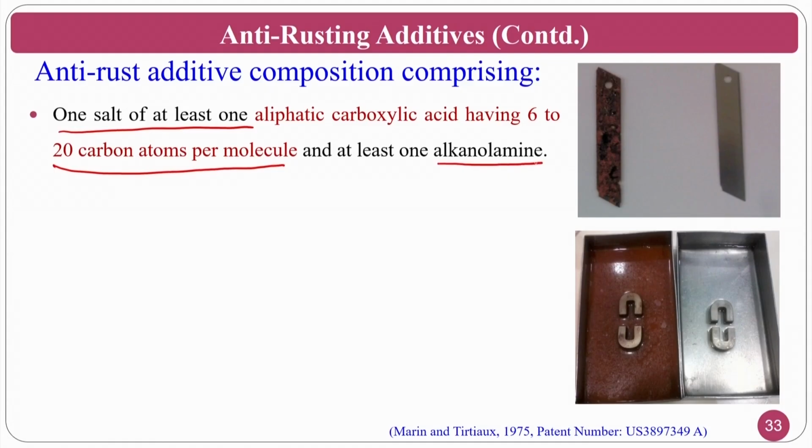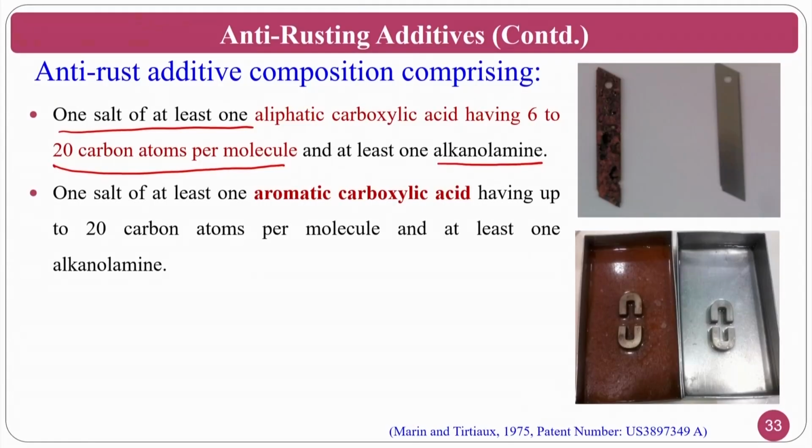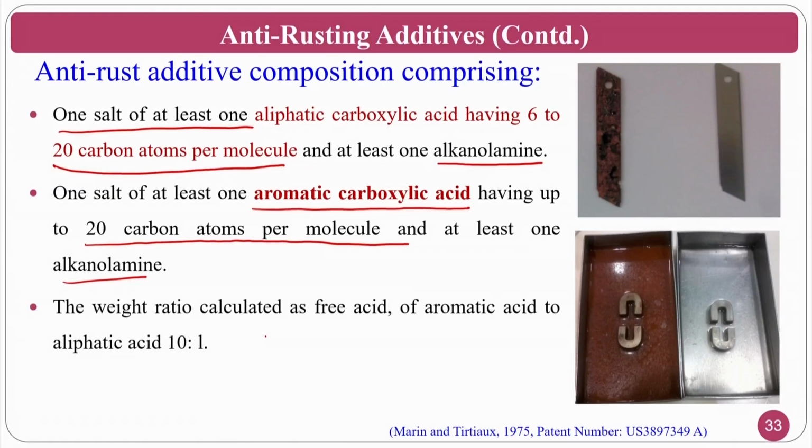This slightly goes into the chemistry. And one salt of at least one aromatic hydrocarboxylic acid having up to 20 carbon atoms per molecule, and at least one alkylamine. The weight ratio normally is 10:1. At the same time, at least one alkylamine in the free state should be available.